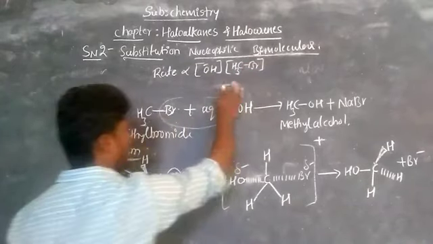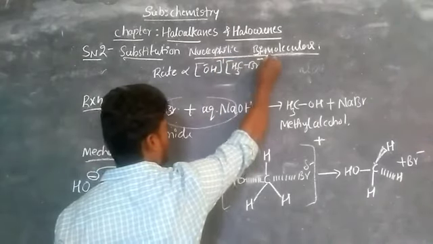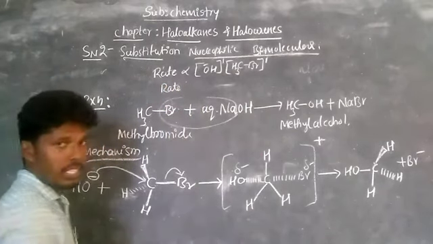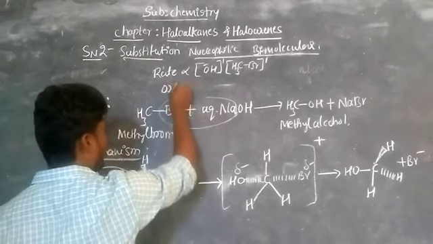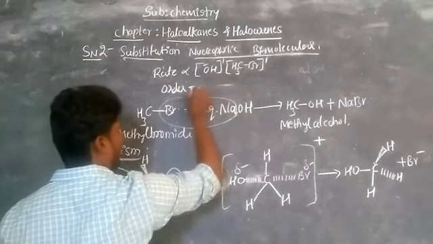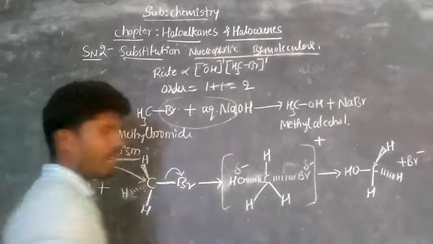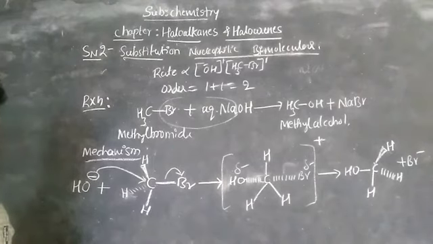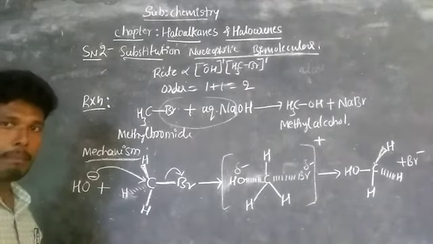The rate depends on both the reactants. Its order is 1 for each. So while finding the rate of the reaction, the order of the reaction is 1 plus 1, that is equal to 2. So this is the order of reaction for SN2. Hence we call it bimolecular nucleophilic substitution reaction or second order reaction. This is the mechanism, very important.